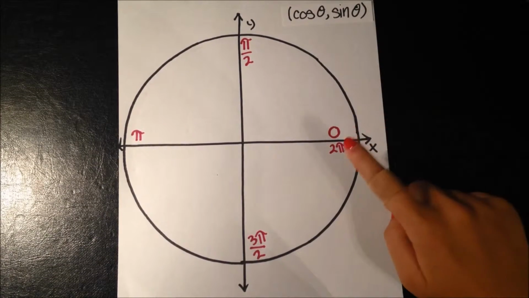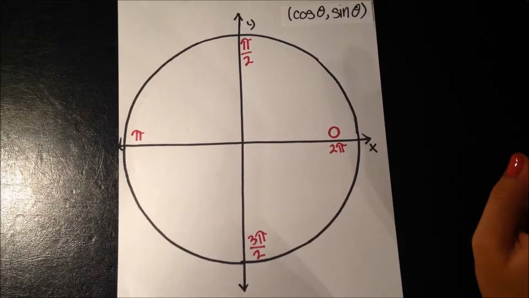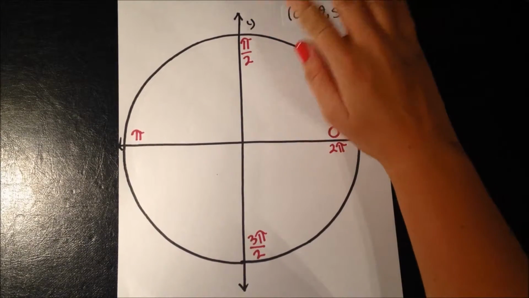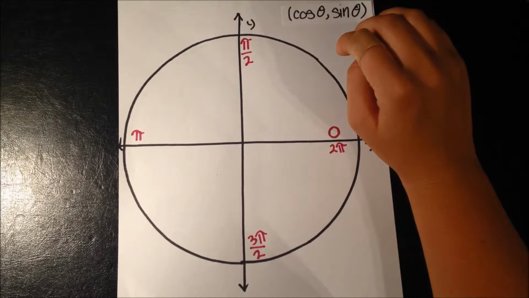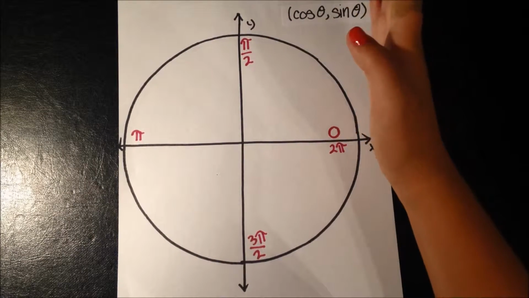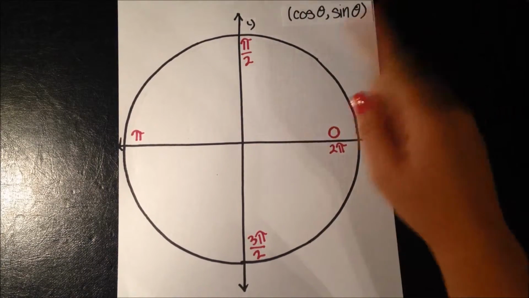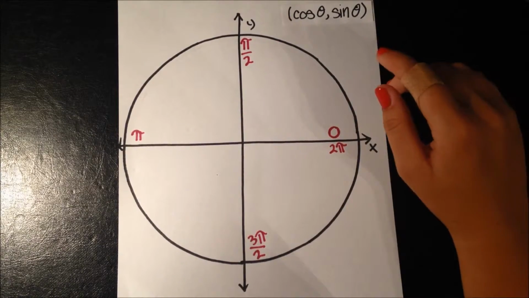Okay, so these 4 angles are in radians, not degrees, and basically that just means it has pi in it. And so this angle is pi over 2, which is basically saying it is half of pi. Which makes sense because if you look over here, half of the circle is pi.